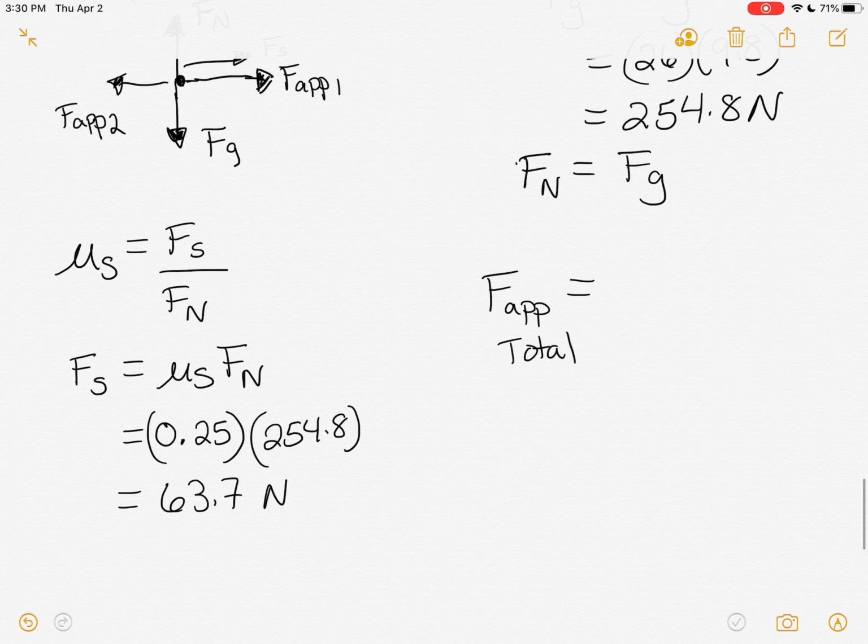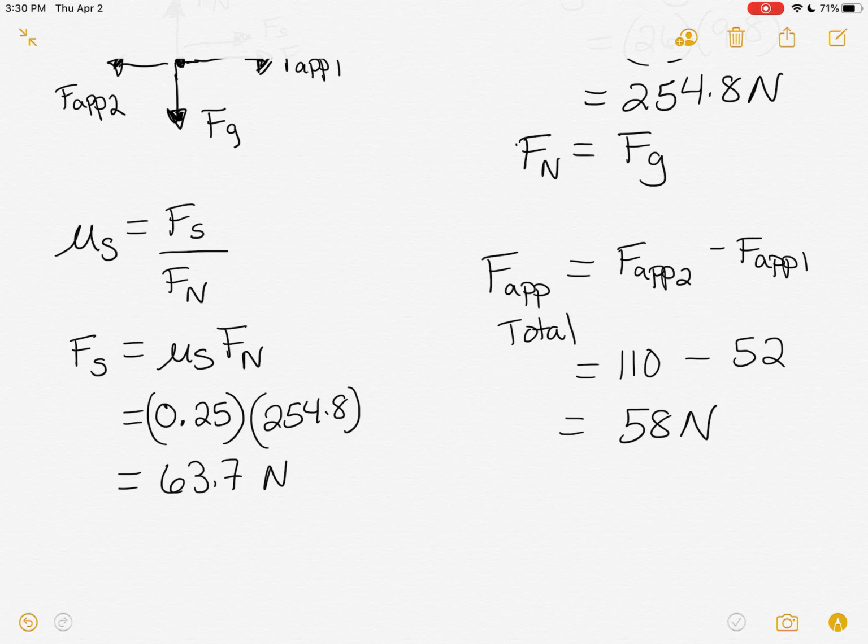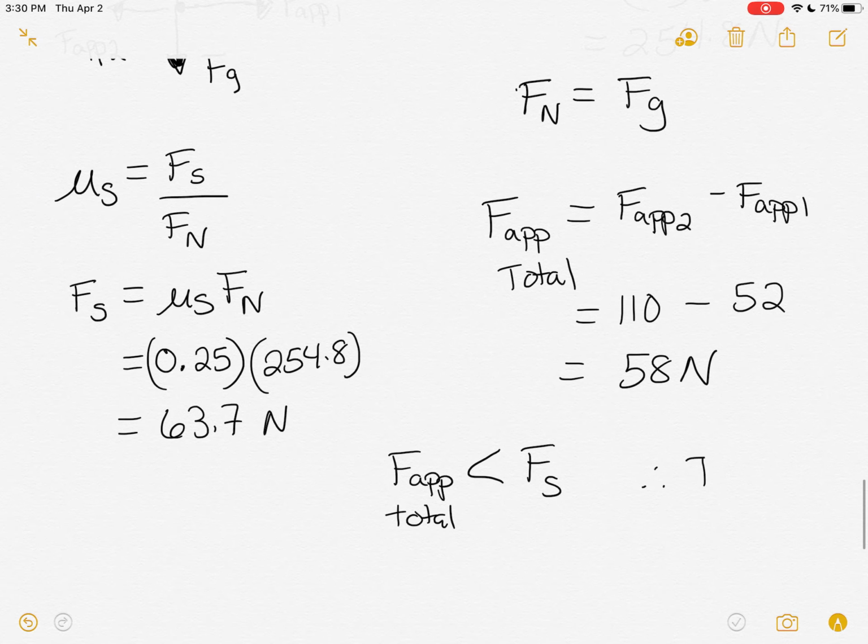Since I decided that my left was my positive direction, I'm going to take applied force number 2 and subtract applied force number 1 because it's going in the opposite direction. Applied force number 2 was my 110 newtons. Applied force number 1 was 52 newtons. And so I'm going to get a difference of 58 newtons. Now, since my F applied total is less than my Fs, the desk won't move.